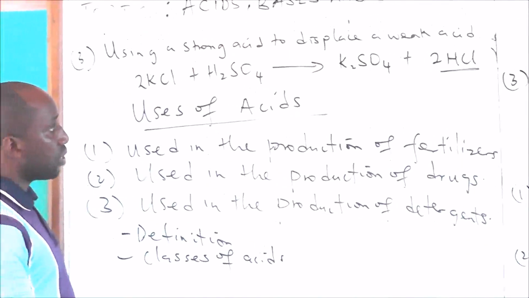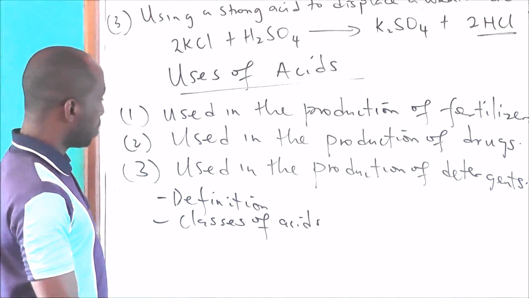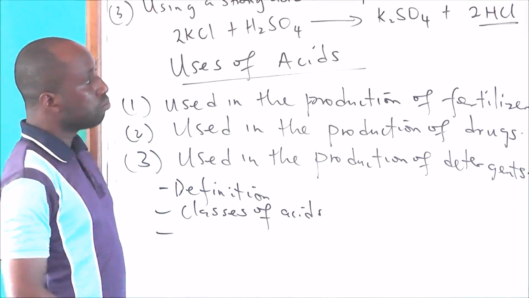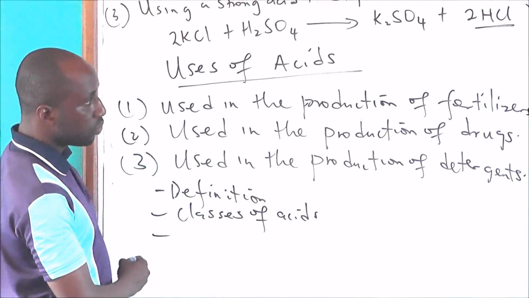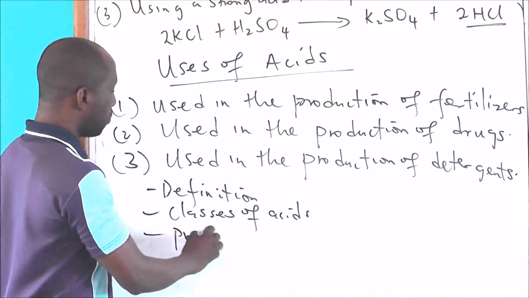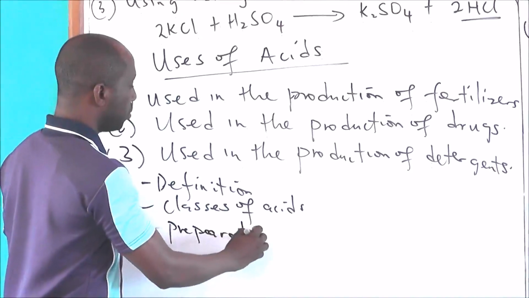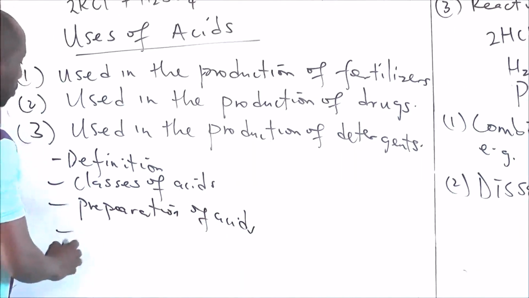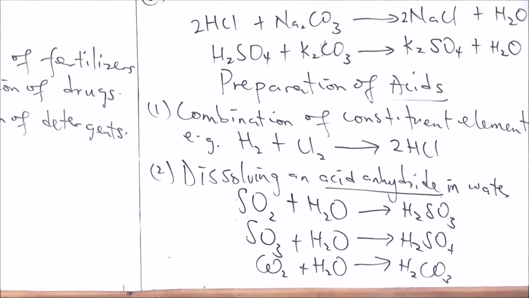Weak acid ionizes partially in water. So you know your classes of acid, then you know the preparation of acids. I considered the three preparations of acid. Then uses of acids.